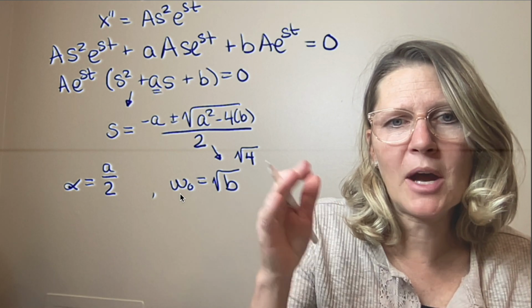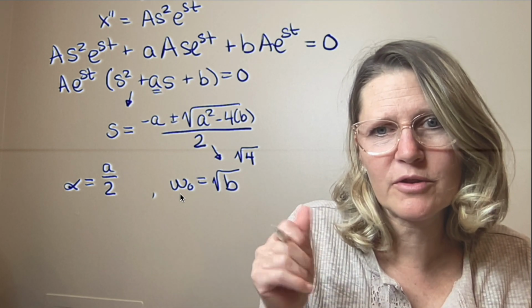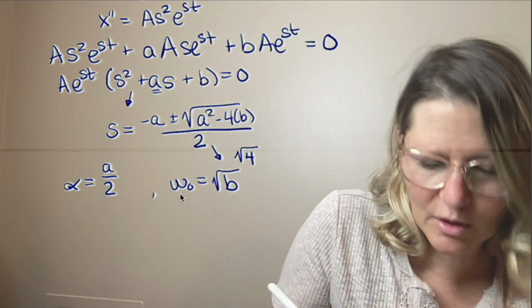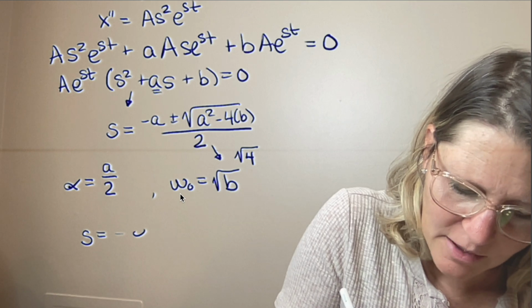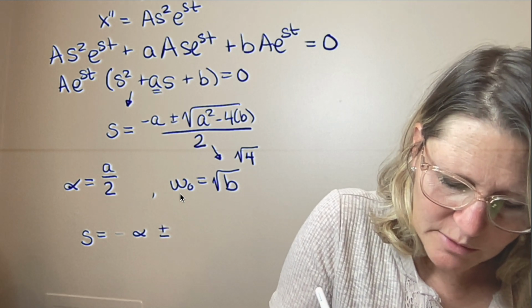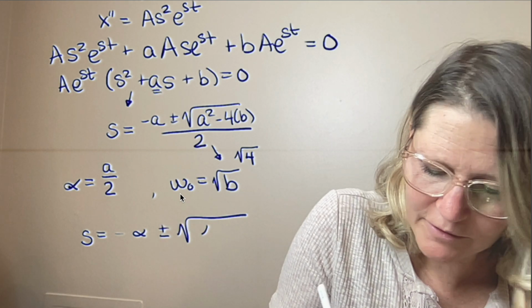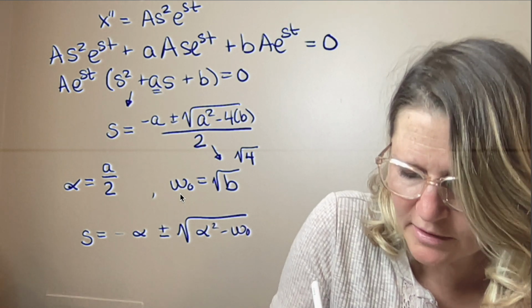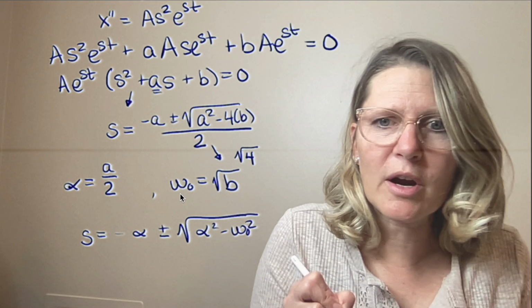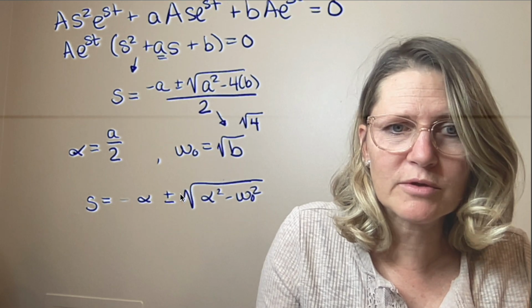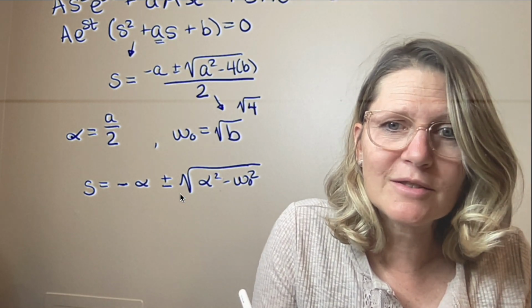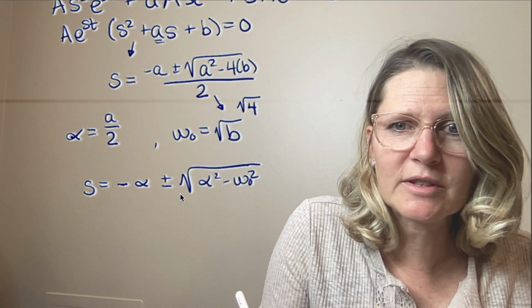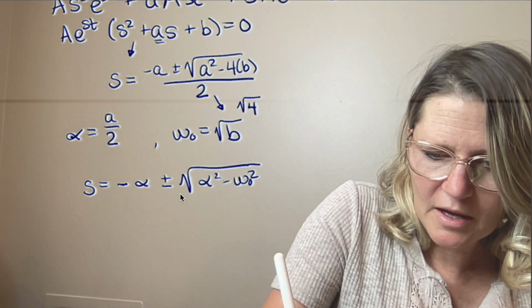So if you have a minus 4B over the square root of 4, the 4's cancel. So I can rewrite this S as minus alpha plus or minus the square root of alpha squared minus omega naught squared. This is where we get our equation for the roots of the system, the roots that solve the equation.